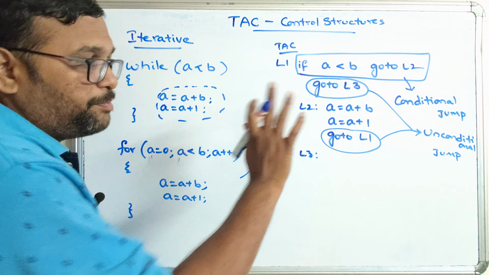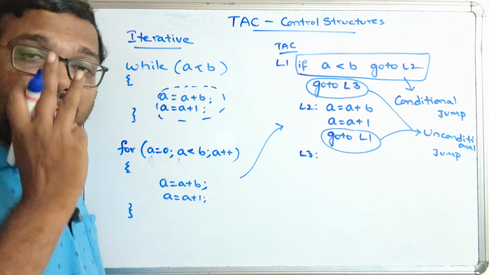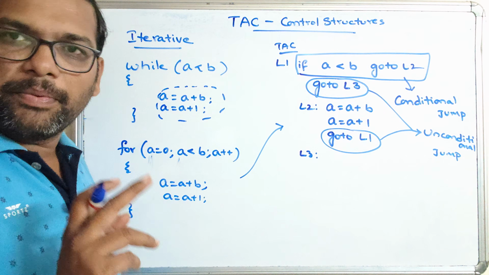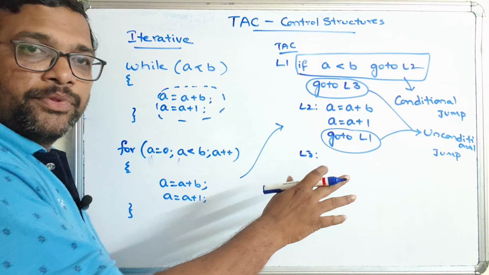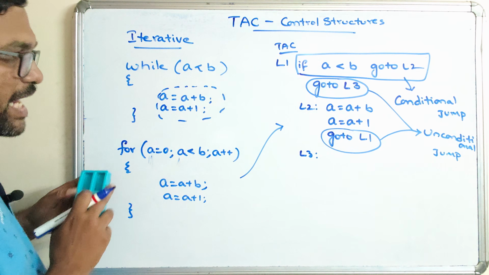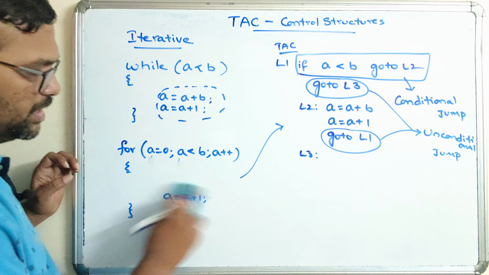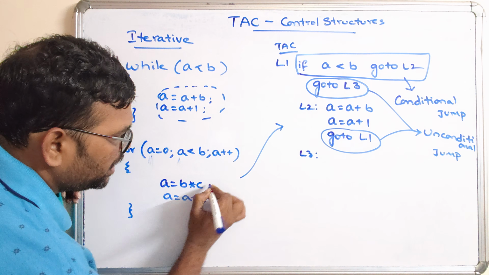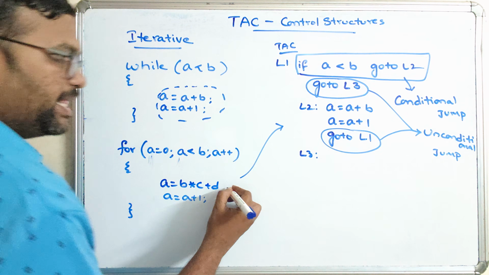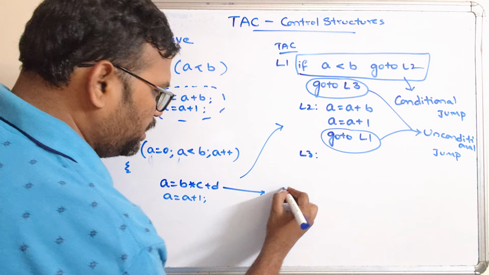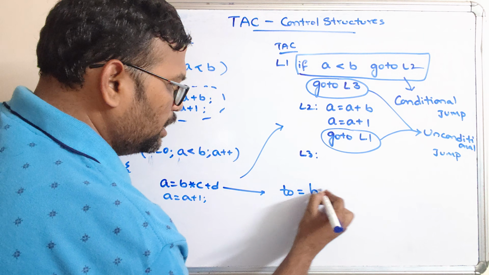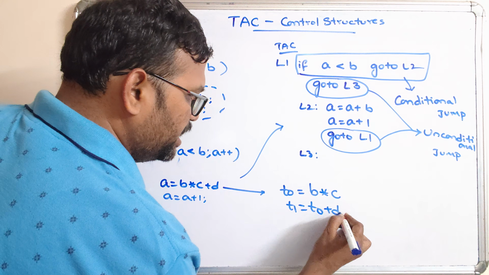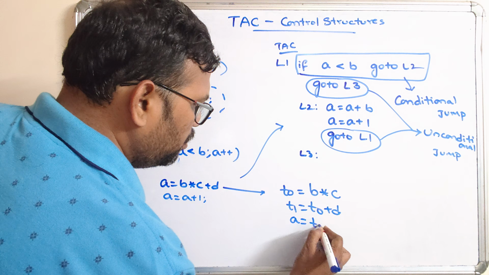So any kind of expression should have at most three variables, and the right side of the expression should have only one operator. For example, instead of a is equal to a plus b, if there is an expression like b into c plus d, then we need to convert it: t0 is equal to b into c, t1 is equal to t0 plus d, and a is equal to t1.